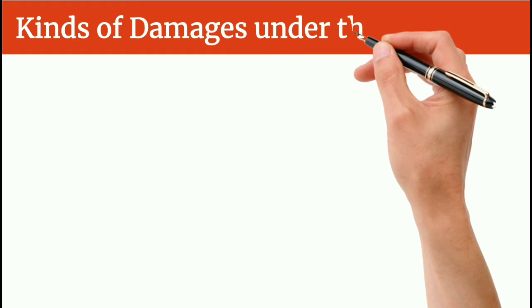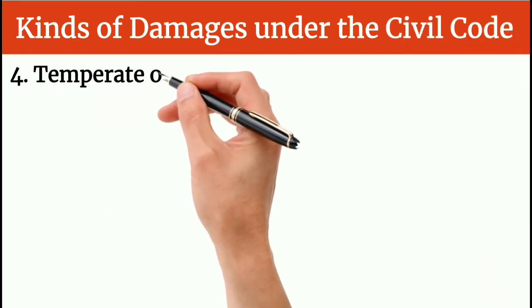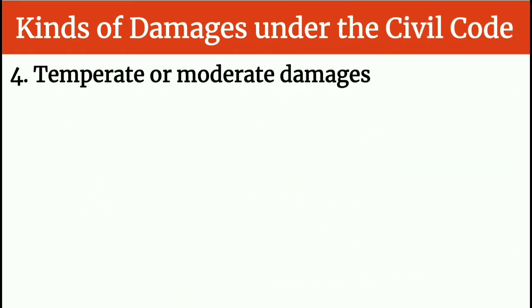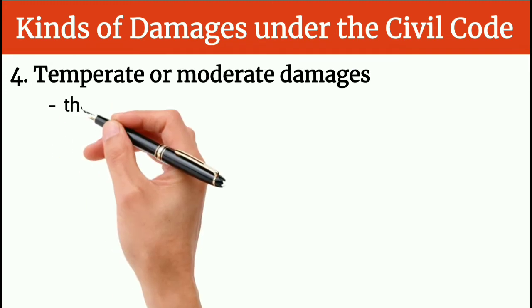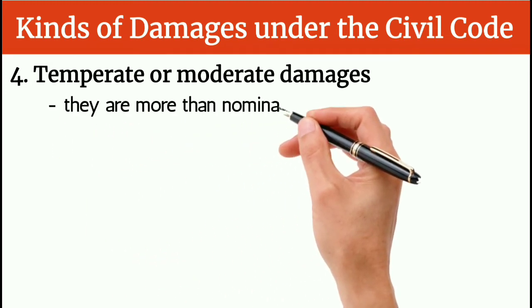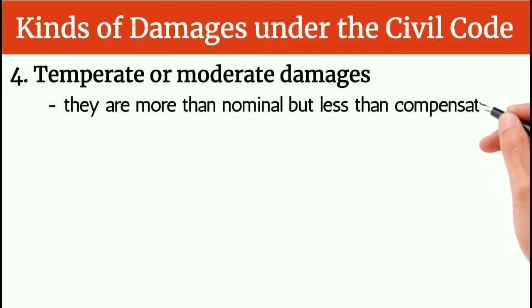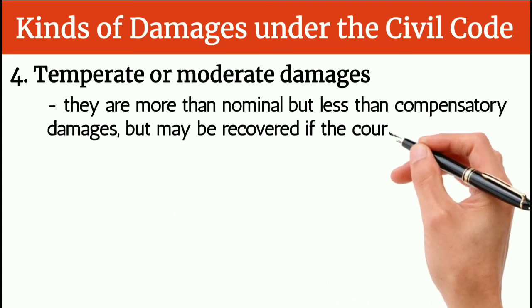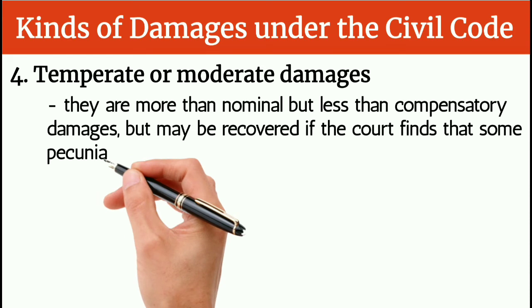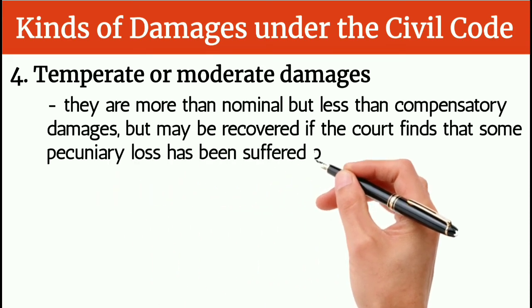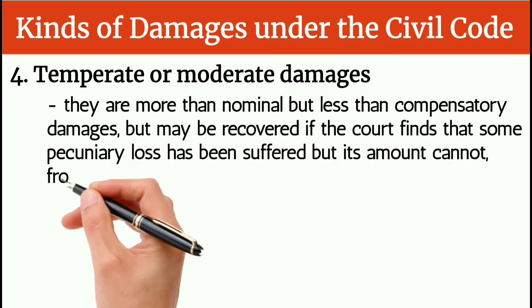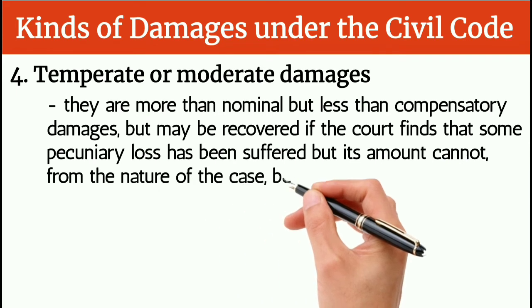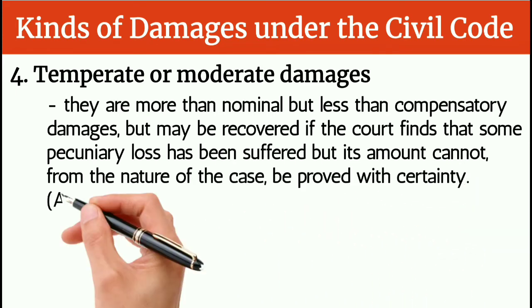The fourth kind of damages is temperate or moderate damages. Temperate or moderate damages are more than nominal but less than compensatory damages, but may be recovered if the court finds that some pecuniary loss has been suffered, but its amount cannot from the nature of the case be proved with certainty.